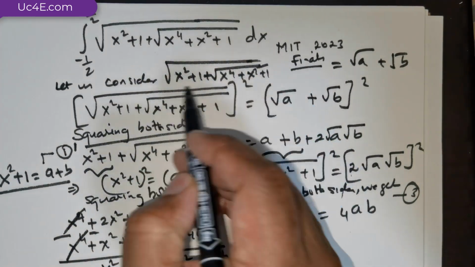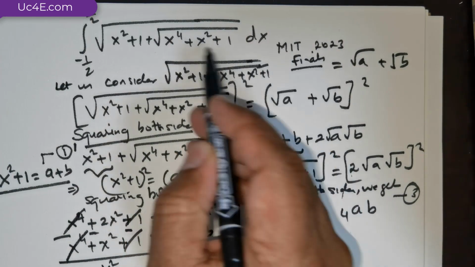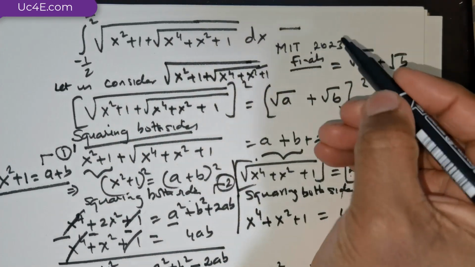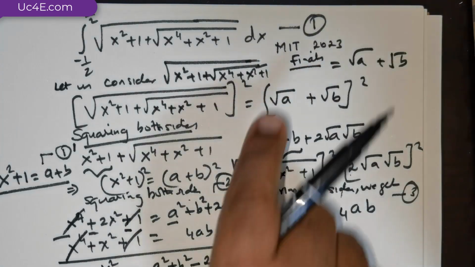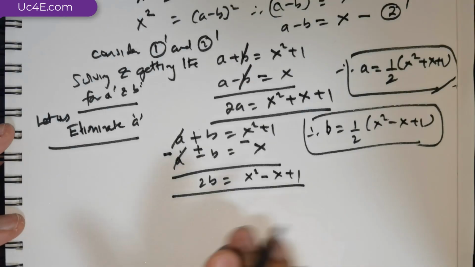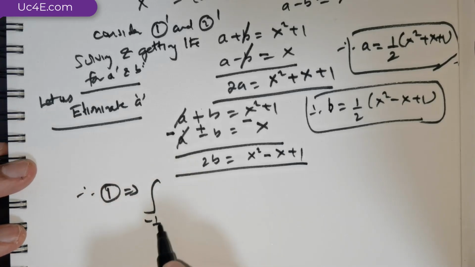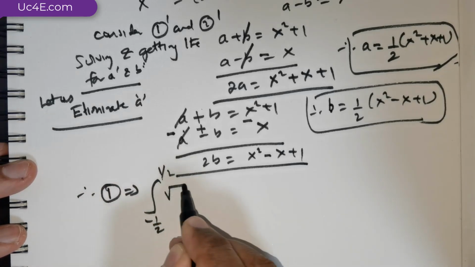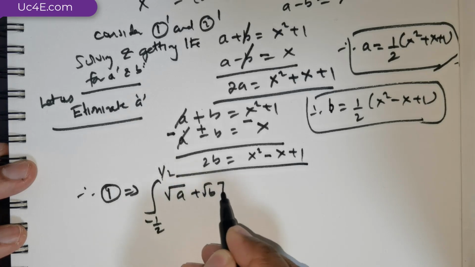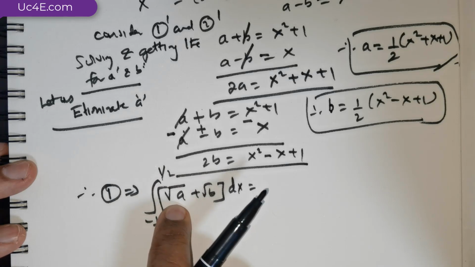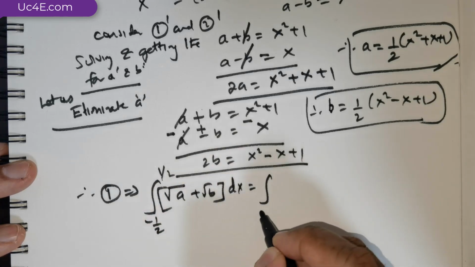So the concept I'm trying to show you here is, in place of this I'm going to replace root of a positive root of b. So the original question, let me take this as 1, can now be rewritten as integral negative 1 over 2 to 1 over 2 root of a positive root of b times dx. But what is my root of a?